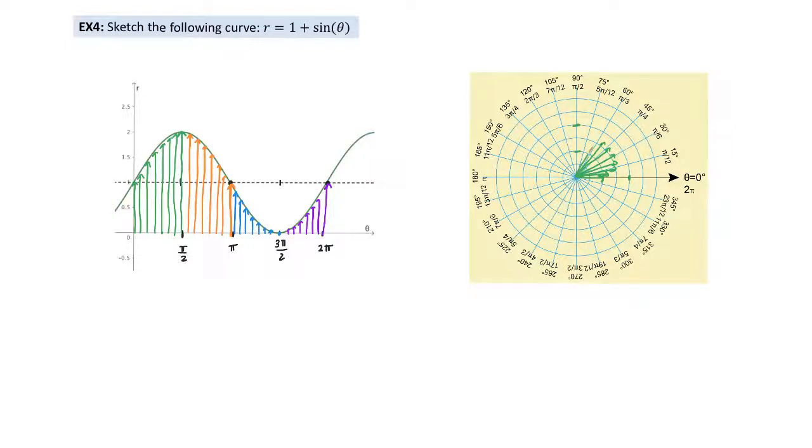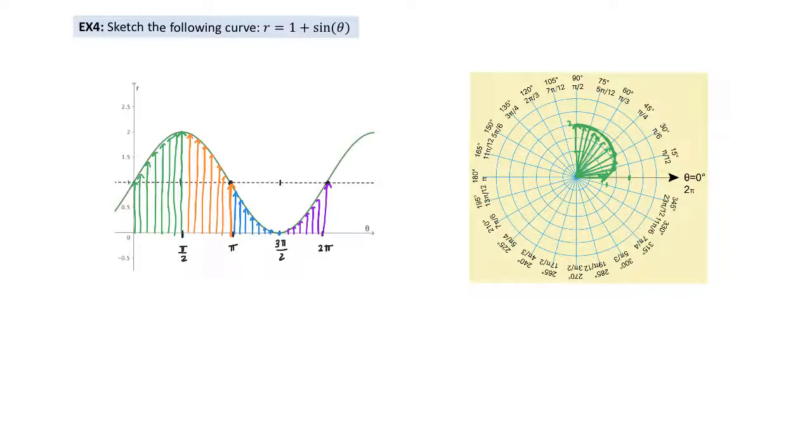So something like this. Remember, this is only a rough sketch, it doesn't have to be perfect. So at pi over 2, we are here at 2. So I already see that the shape of this curve is going to be like that. And remember, we started at 1 right here.